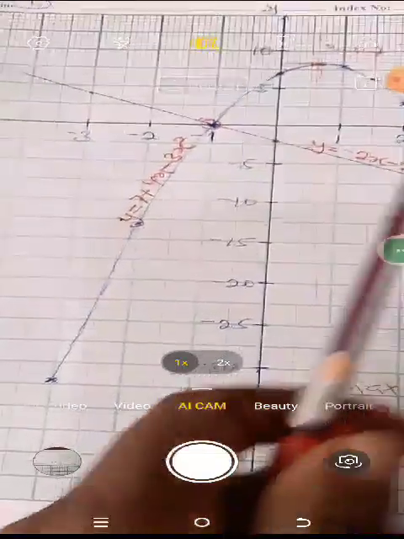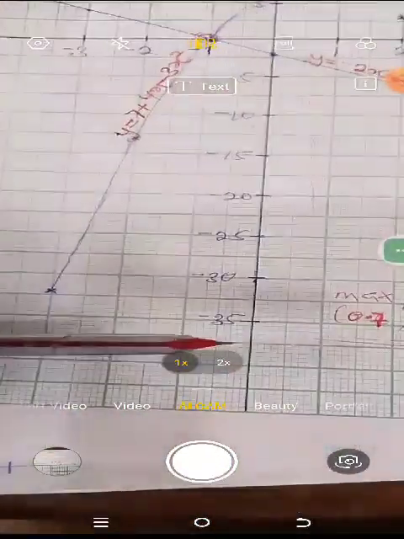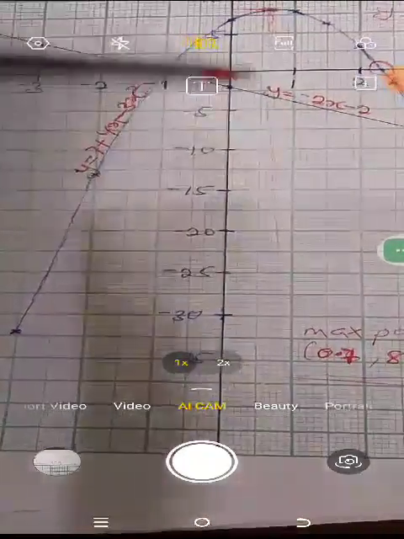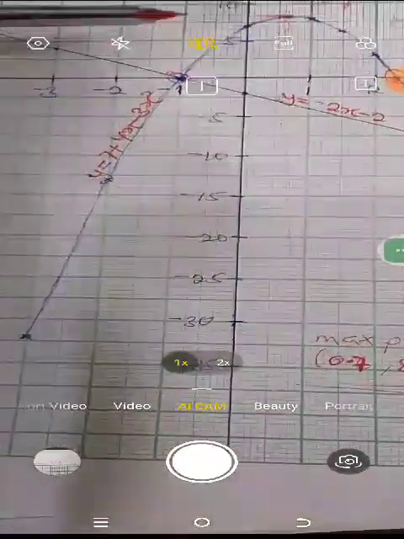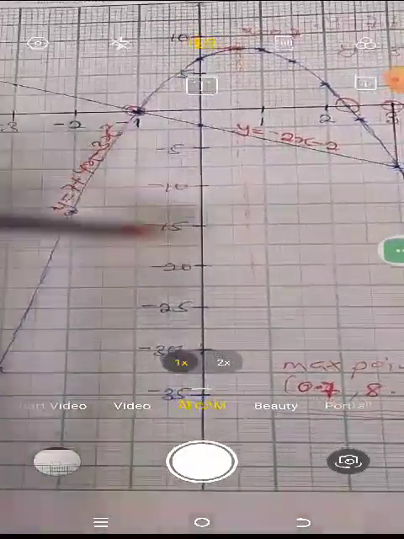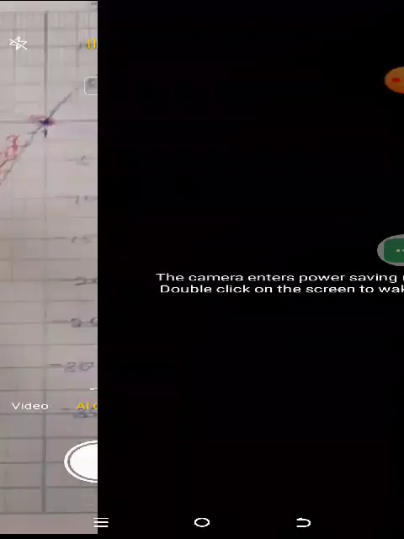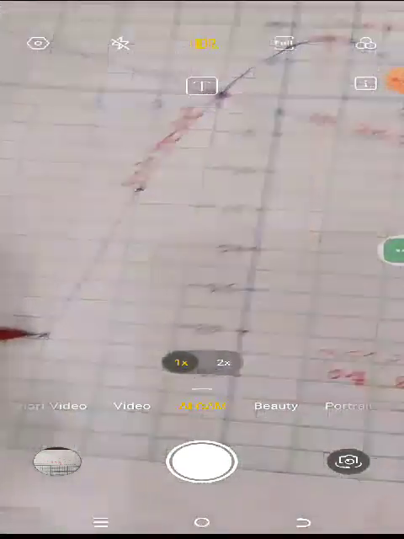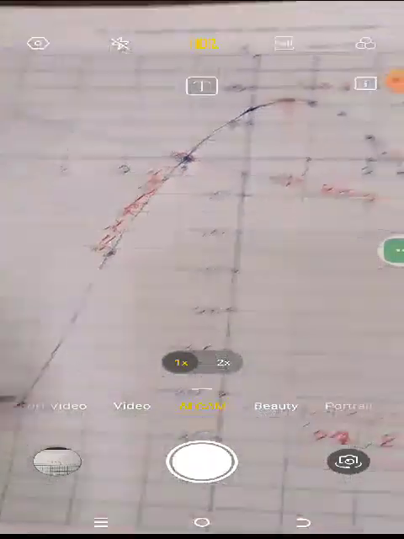So when we say y is decreasing, then it means that the movement of the graph is going down this way. So when we draw a graph this way, you see that from here up to the turning point, the graph is increasing. From down here to this place, y is increasing.